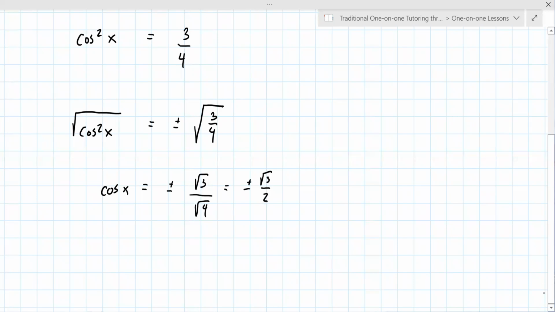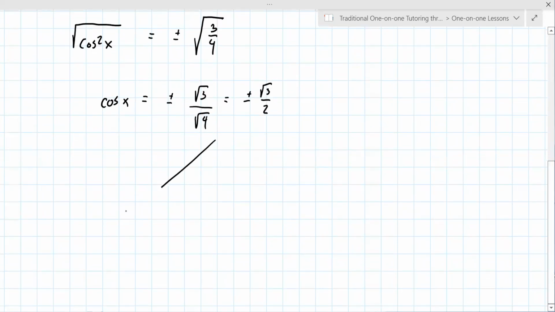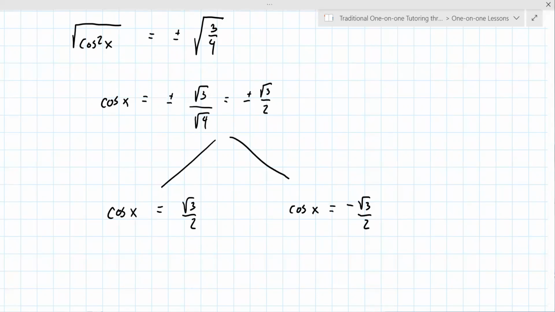Now it's really two problems. Where's the cosine of x equal to root 3 over 2? Where's the cosine of x equal to the negative root 3 over 2? You combine the answers, but it's really like a problem on the left and a problem on the right.